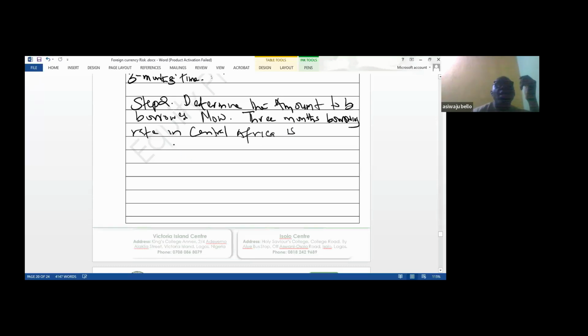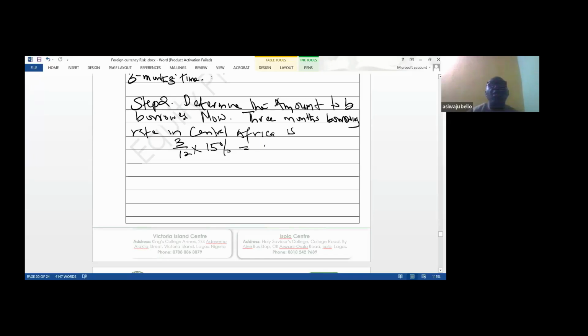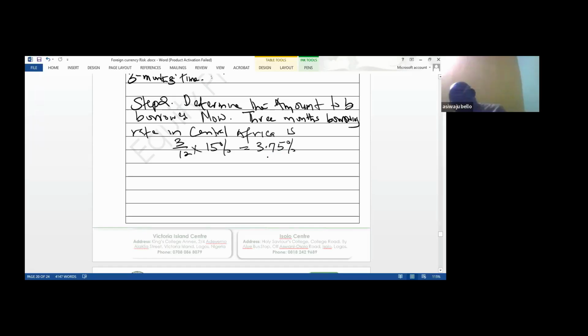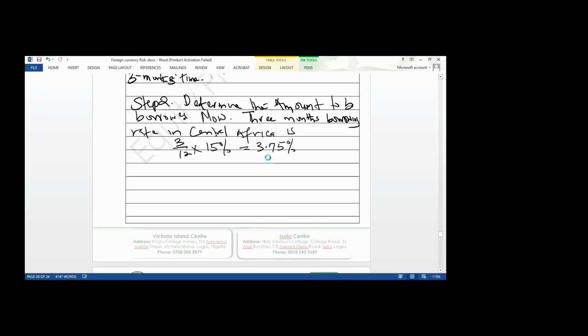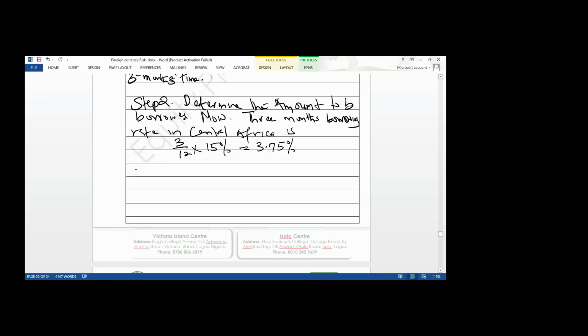If I want to get 3 months, it is 3 over 12 multiplied by 15%. That will give me the 3-month borrowing rate. Is that correct? I hope it's correct. It's correct, sir.